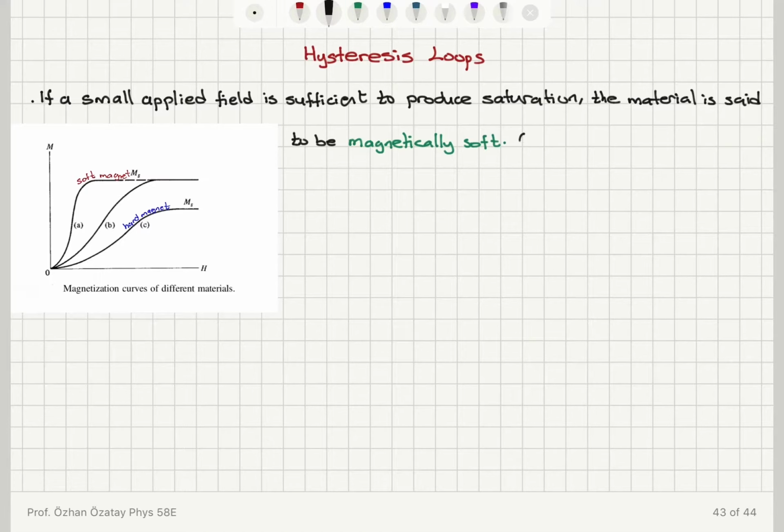For example, nickel 81, iron 19 permalloy is a soft magnet.